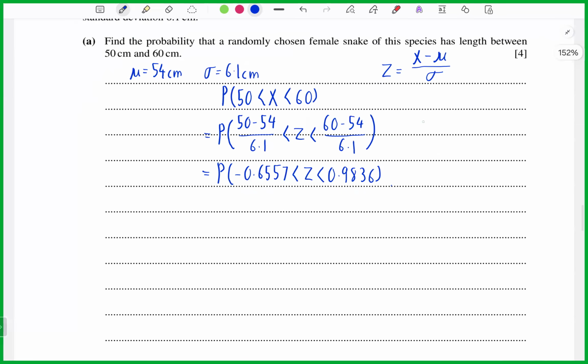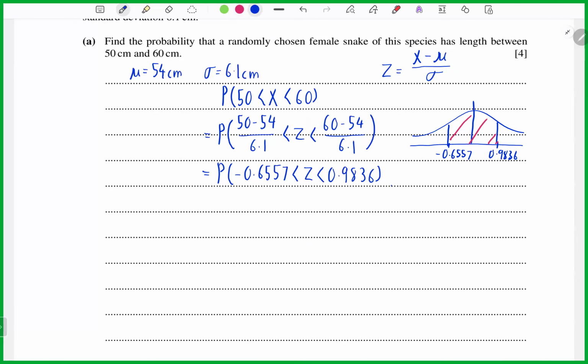Now I try to sketch the graph for you. This is 0.9836 and negative 0.6557, and the probability is between.